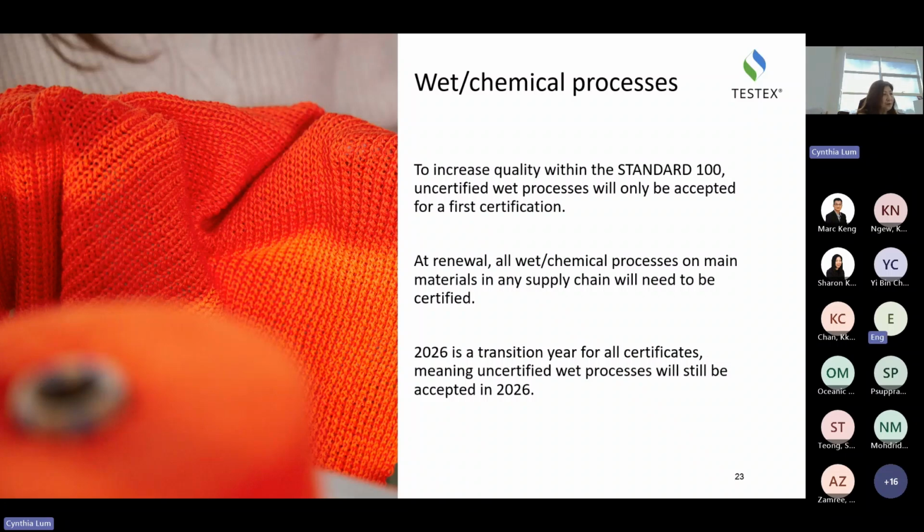Because my certification also includes the gray. Gray and dyed fabric. Yes. So the gray fabric, in your case, you are producing. I think my certification scope also includes the gray and the dyed and finished fabric.